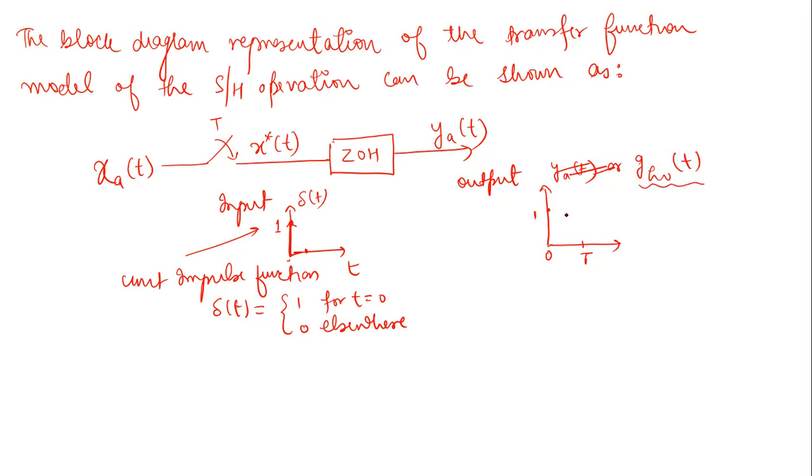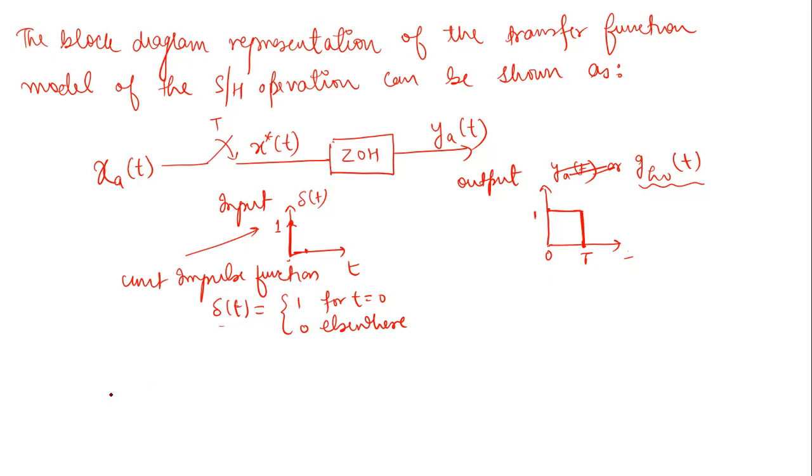When we give this impulse input to the zero order hold, it will keep holding the value at the same point, and as soon as the next time comes, where the value of the impulse function is 0, it will fall to that 0 value. So this is the output of this circuitry.